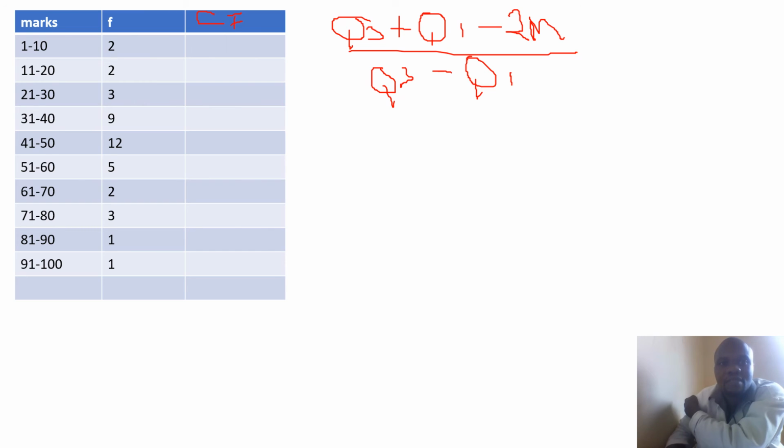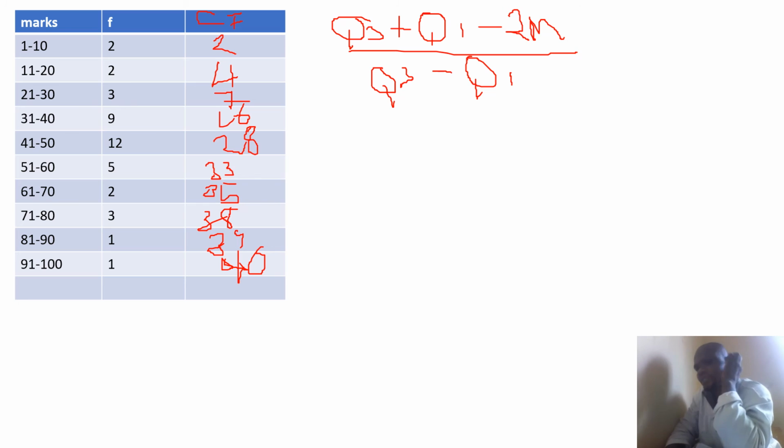So the cumulative frequency here is 2, here we have 4, here we have 7, here we have 16, here we have 28, here we have 33, here we have 35, and here we have 38, and here we have 39, and here we have 40. So that's our cumulative frequency. So we can calculate the Q1, or we can start with the Q3.